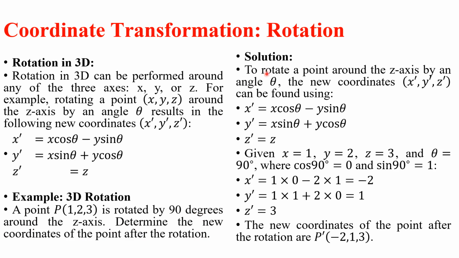So the solution to this is simply plugging in the values of the coordinates and the angle into this general equation for solving the problem, and just playing around with the equation.